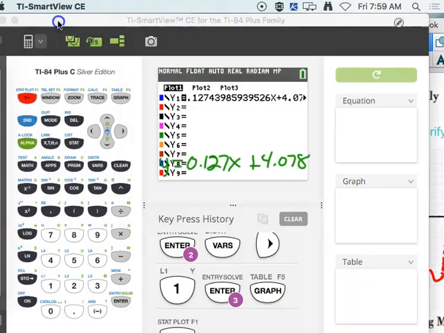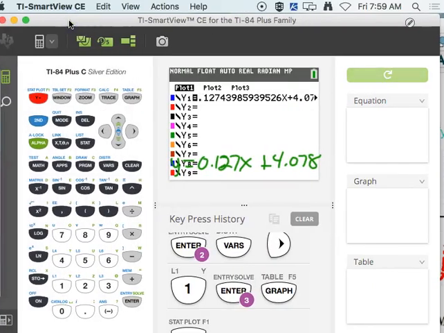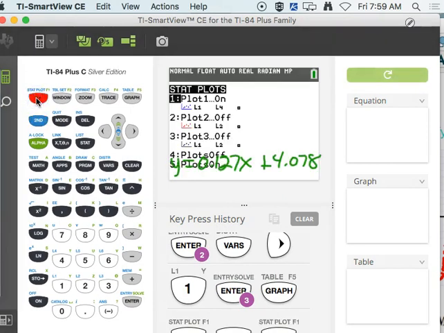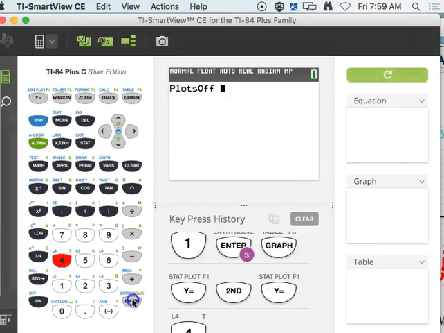So we will turn the stat plots off. Second, stat plots. And number 4 down here takes care of all of that. So if you hit number 4 and enter, that'll turn all the stat plots off.